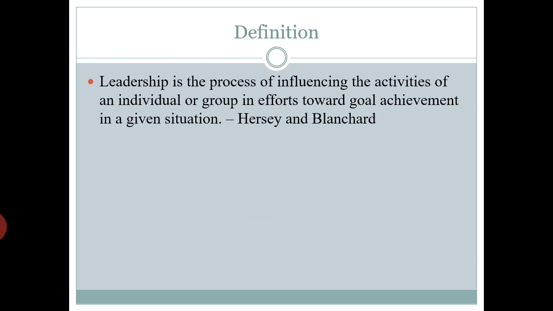Leadership is the process of influencing the activities of an individual or group in effort toward goal achievement in a given situation. Whatsoever is done by the leader to direct or bring his subordinates on track for the fulfillment of organizational objectives.